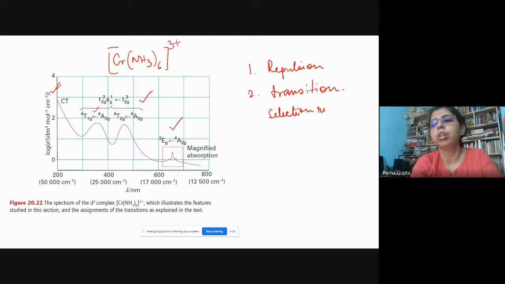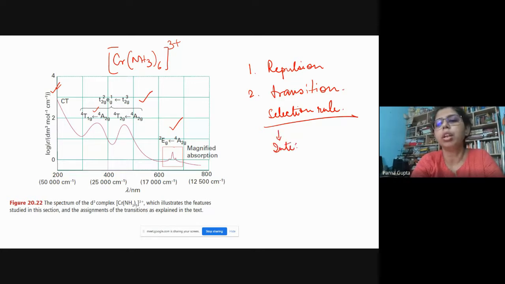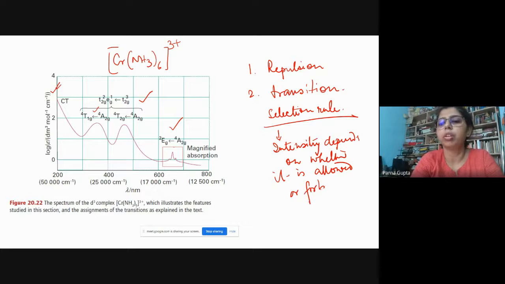Selection rule, right? And this selection rule and the intensity actually depend on, we will come to this in detail, whether it is allowed or forbidden.